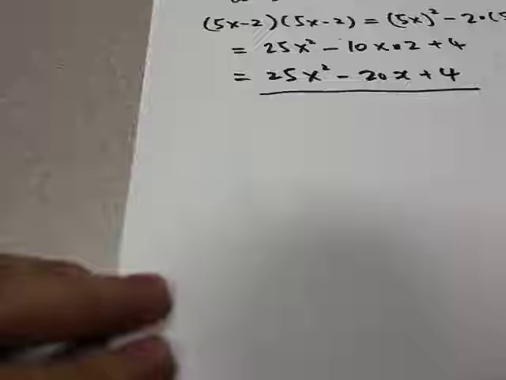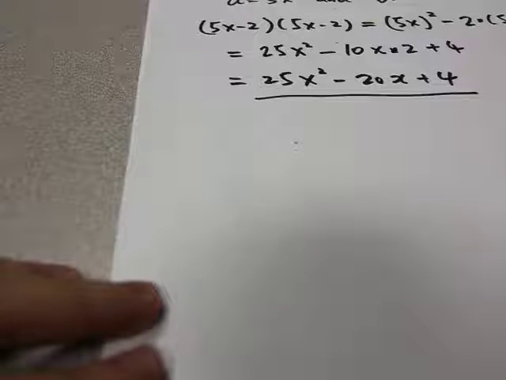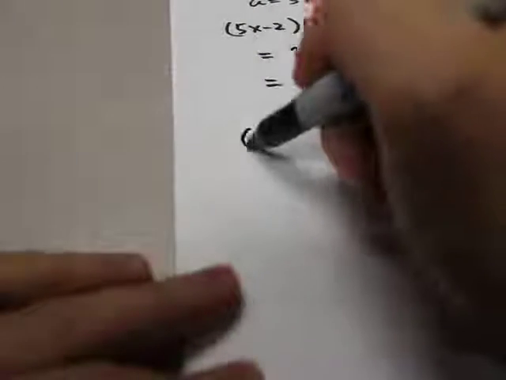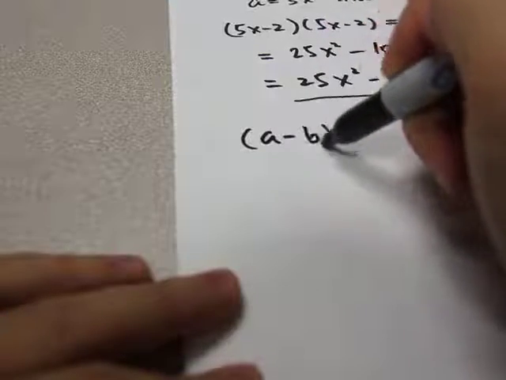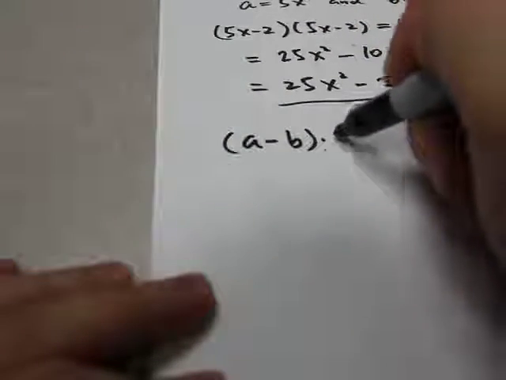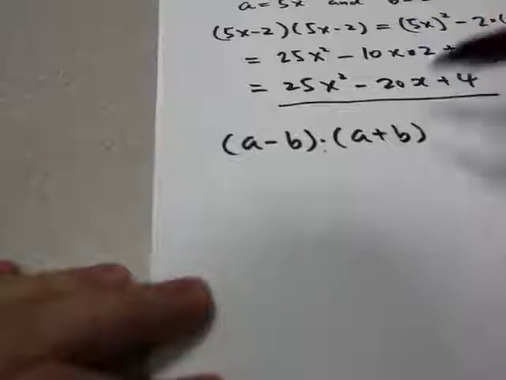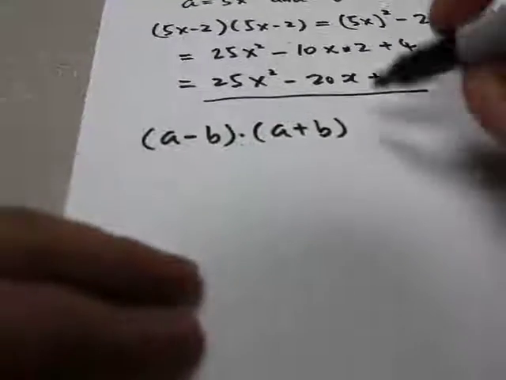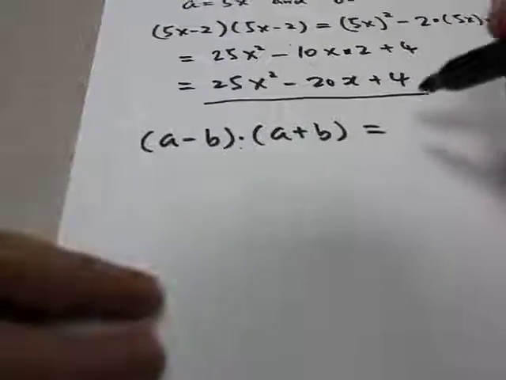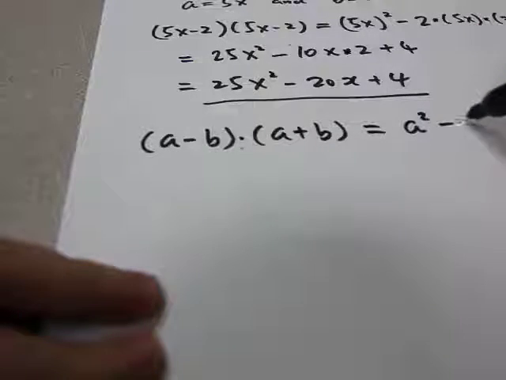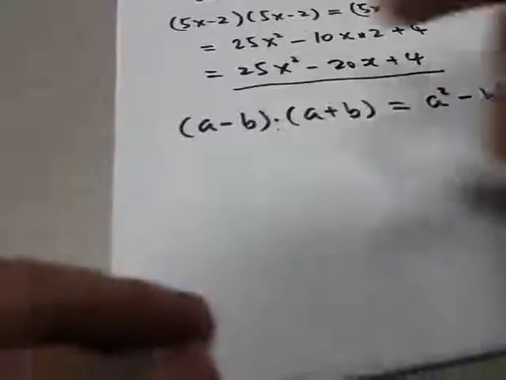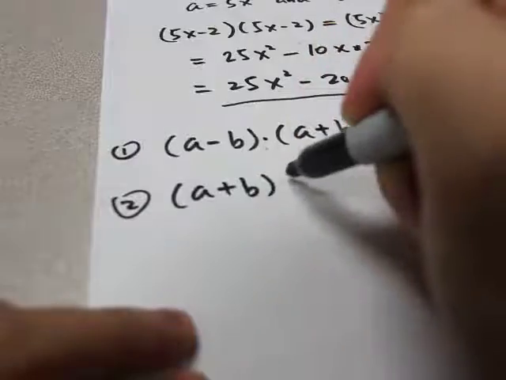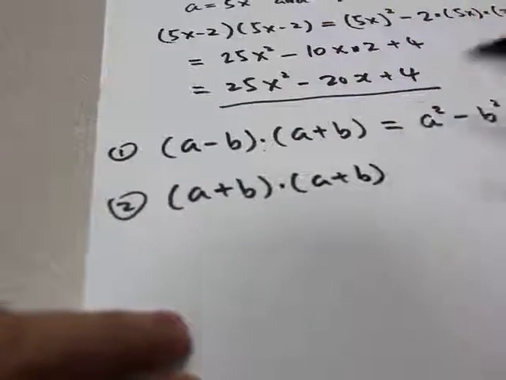Okay, so far we have learned 3 special products of binomials. The first one is a binomial a minus b times another binomial a plus b. The result has only 2 terms, and that is a squared minus b squared. Now the second special product is a binomial a plus b times a plus b.